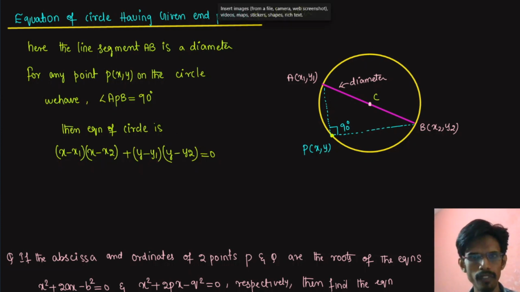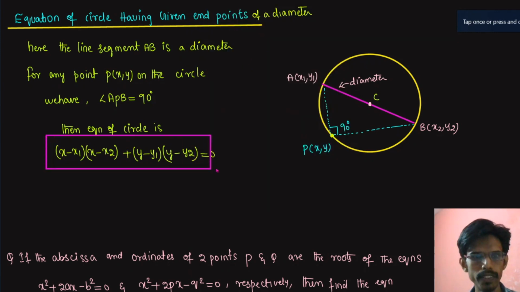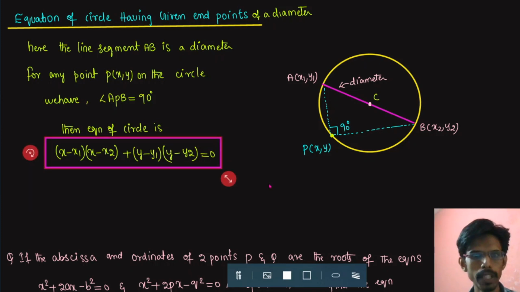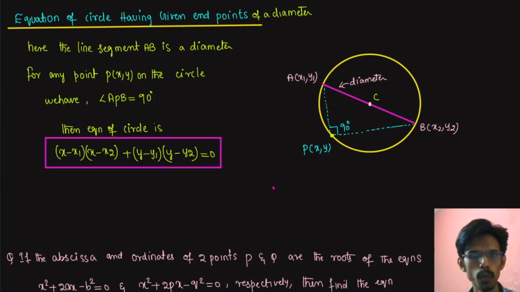When the two endpoints of the diameter are given, directly take this form of the circle. This will be the direct equation of the circle.